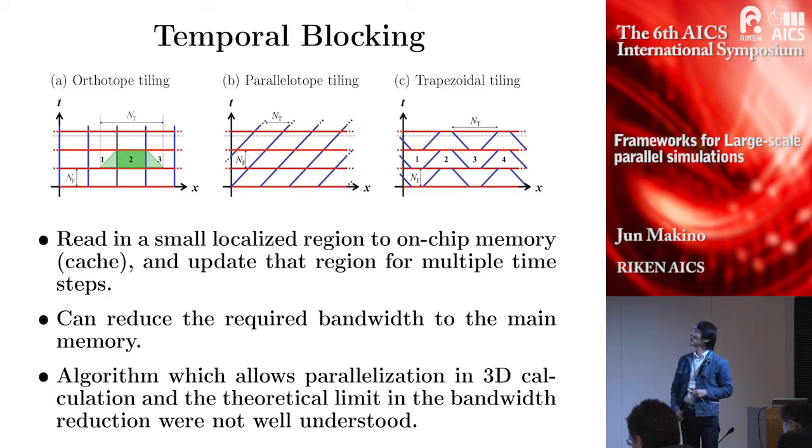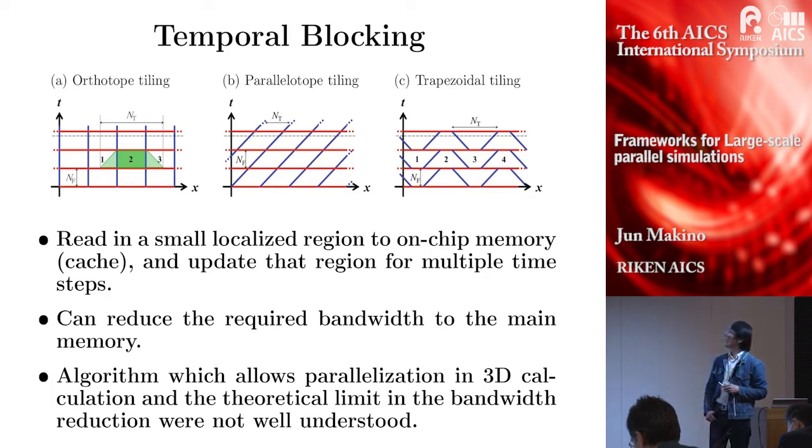The point is that you need to start from the right and go to the left. And in this one, you can do the odd numbered regions in parallel and then the even numbered regions in parallel, and vice versa.